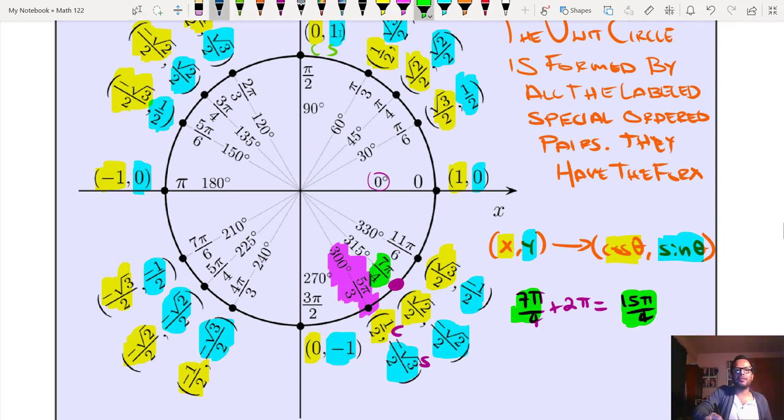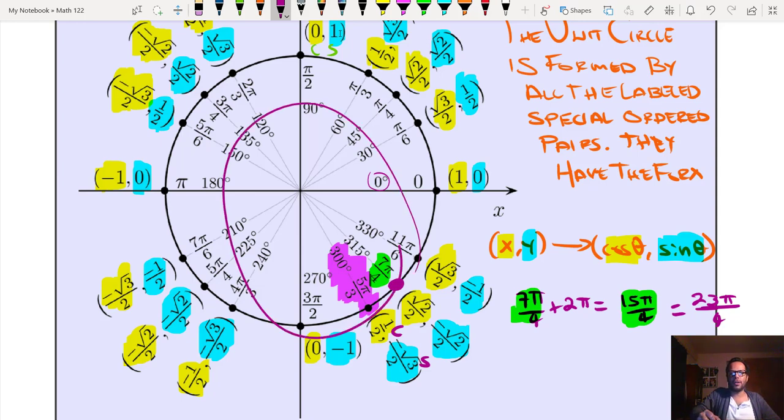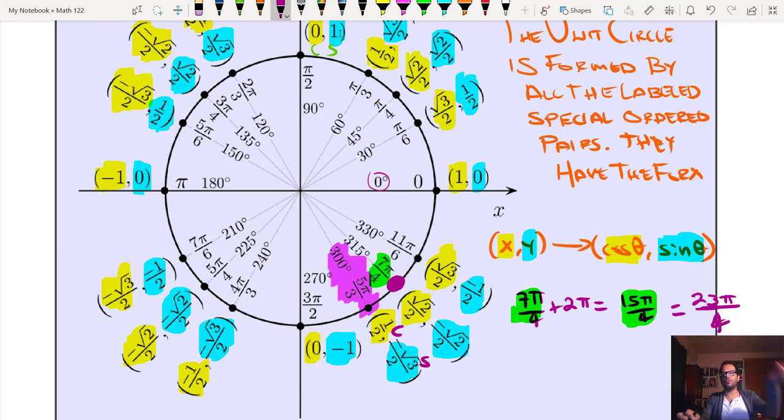It's also the same position as 15 plus 8, 23 pi over 4. If I do another turn and fall on the exact same point, that's 23 pi over 4, and so on and so forth.